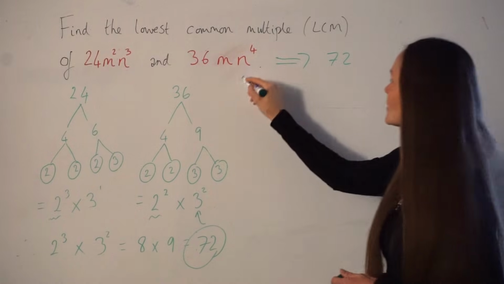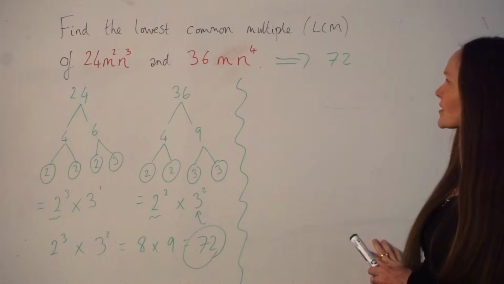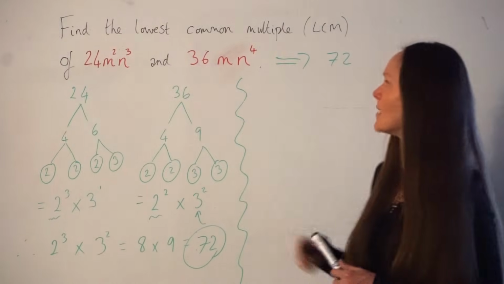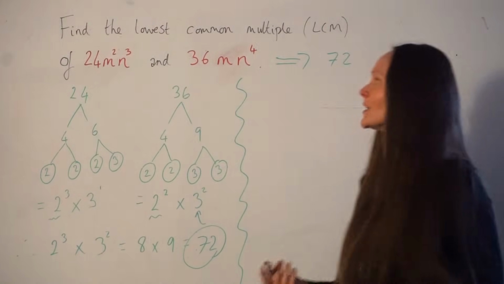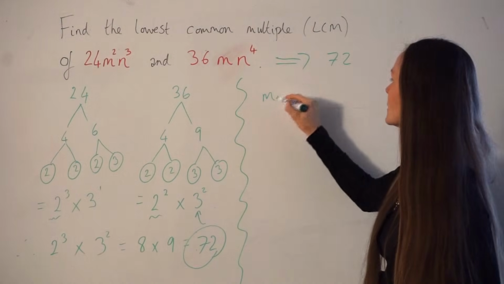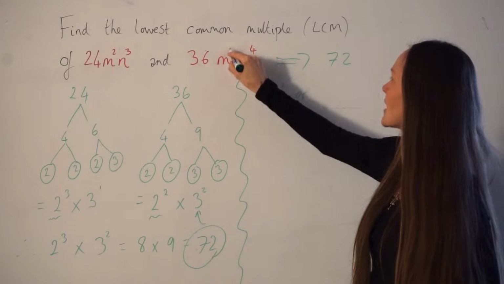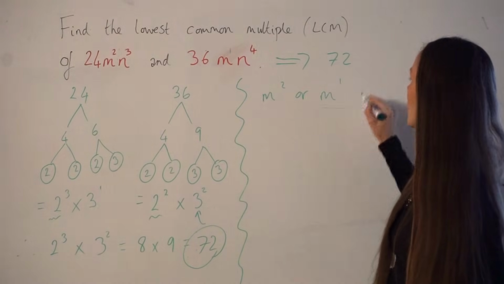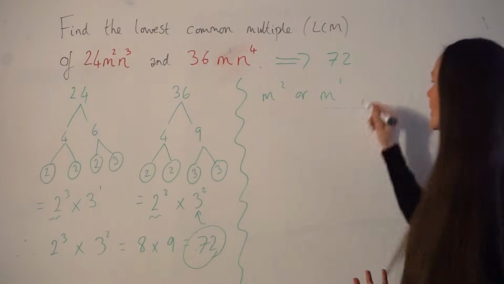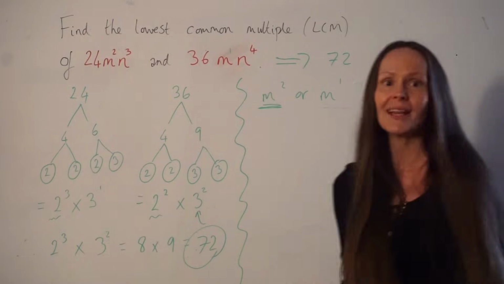Now let's look at the variables m and n. I'm going to start by looking at the first letter here, m. We're comparing them to find the highest powers once again. So here we have m squared, or is it just m, which is the same thing as m to the power of 1? Well, the one with the highest power is the one on the left, so this is the LCM when we compare the letter m.